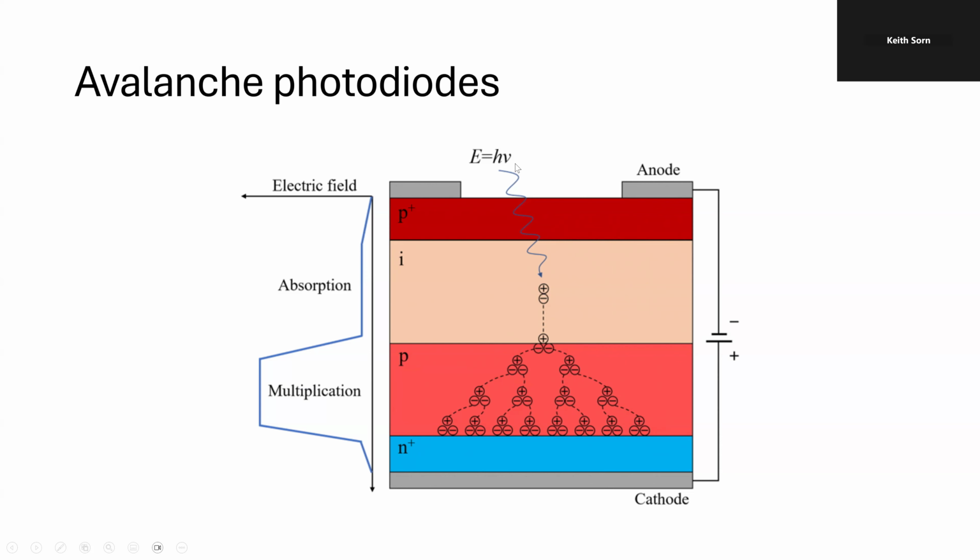So our one charge carrier here gets multiplied into many charge carriers. And this could happen more than 3 generations. It depends on the intrinsic material and what's called its band gap energy compared to the energy of the light.